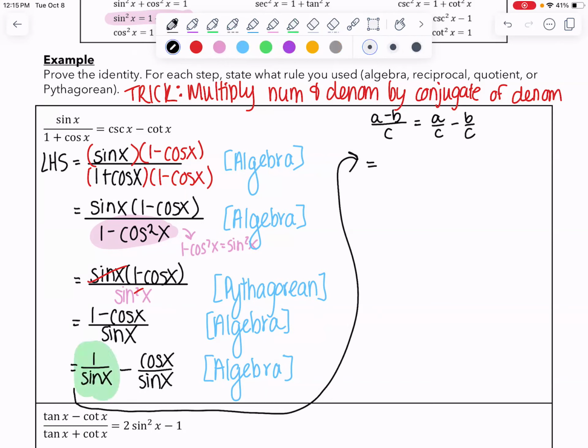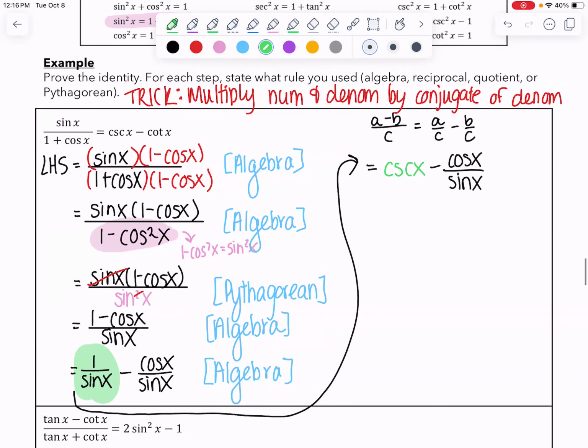1 over sine x is cosecant x minus cosine x over sine x. For that, we used a reciprocal identity. Then cosine x divided by sine x is a quotient identity.